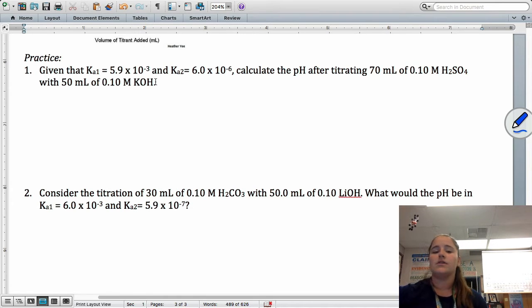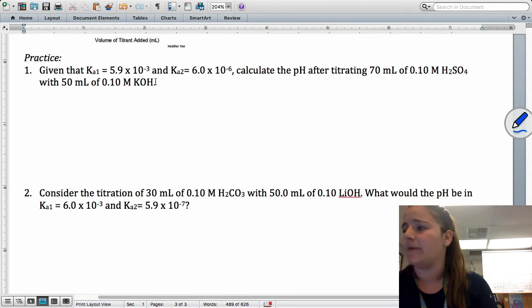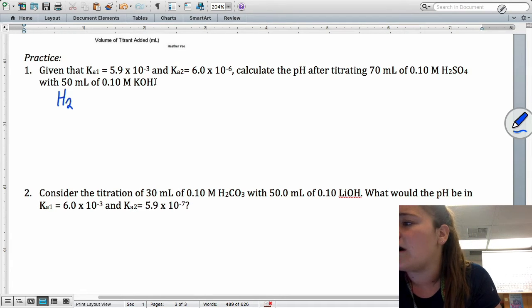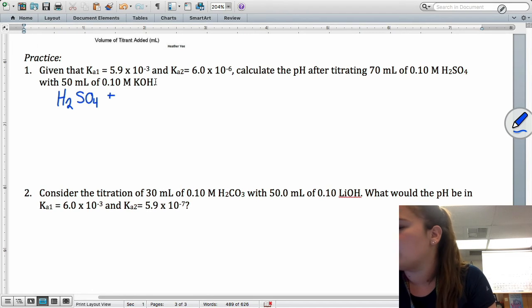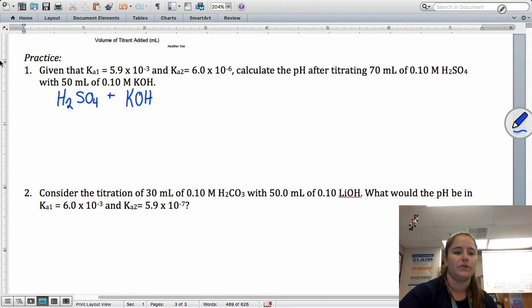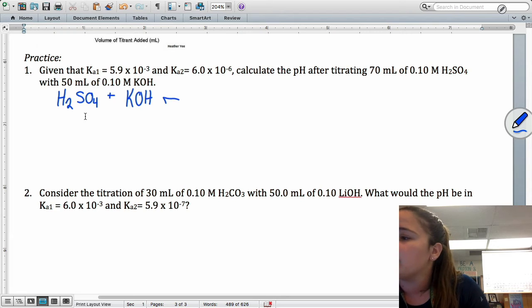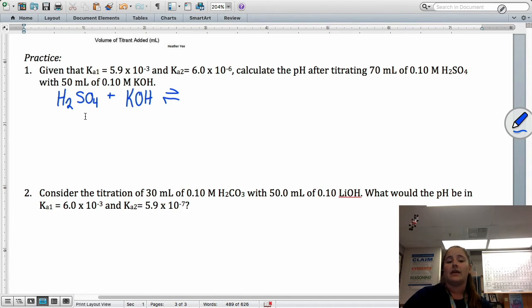Okay, so first let's just go ahead and write the reaction that's going on here. We have our H2SO4 reacting with KOH. This is a diprotic acid, so it has 2 hydrogens to give up. Now, the products are always salt and water.